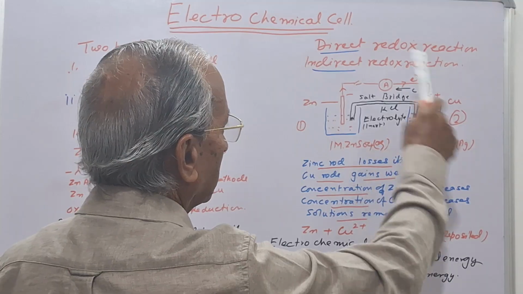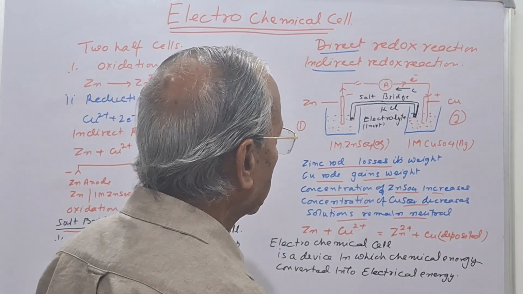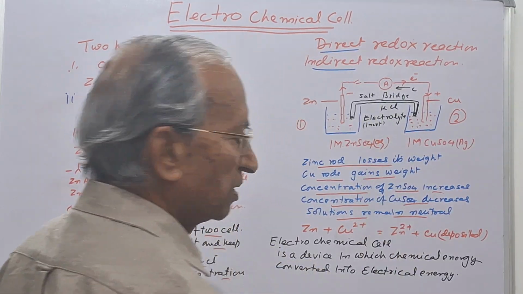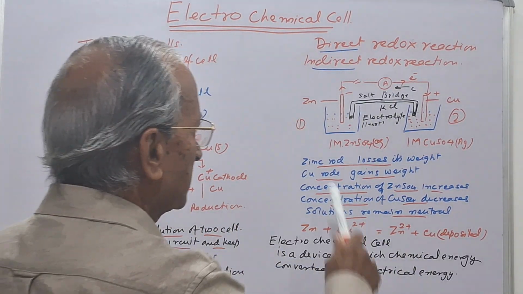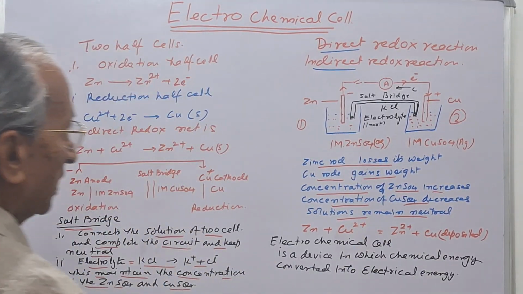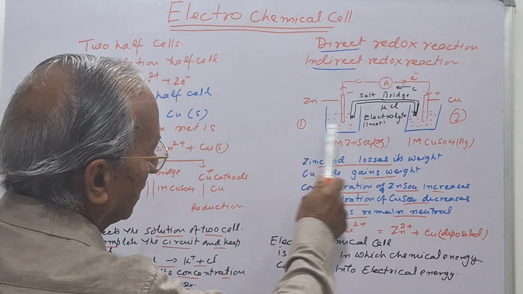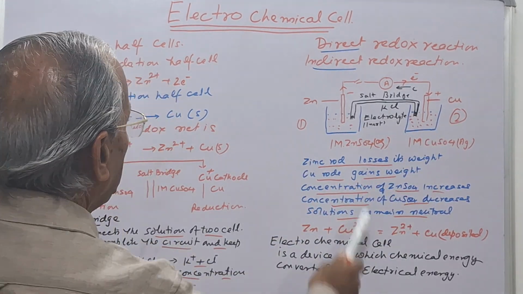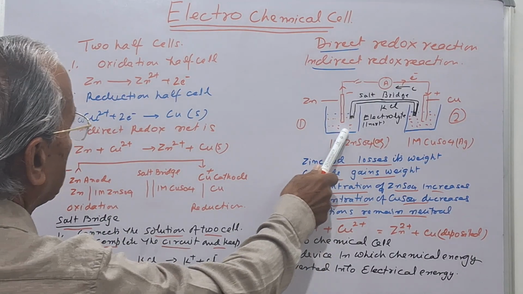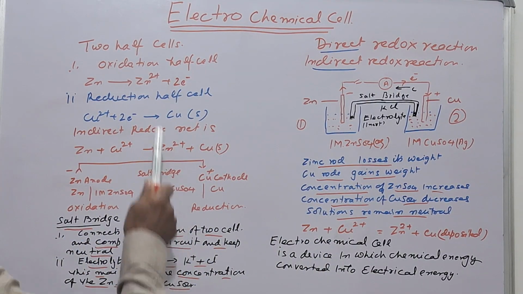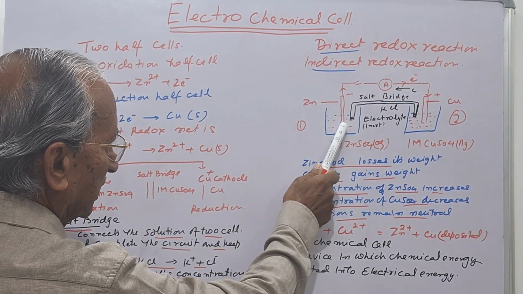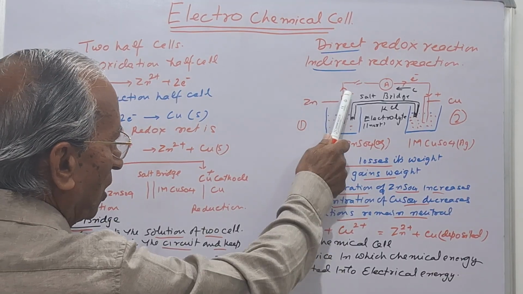Now here I will explain a very important thing, that the two half cells are connected with a salt bridge. We say that the continuity is maintained by the salt bridge. Now see the first half cell and the second half cell. The first half cell is known as the oxidation half cell, where zinc gives the electron and goes to the solution, where the concentration of the zinc increases and there is a loss in the weight of the zinc.